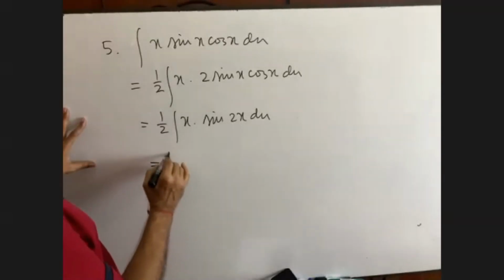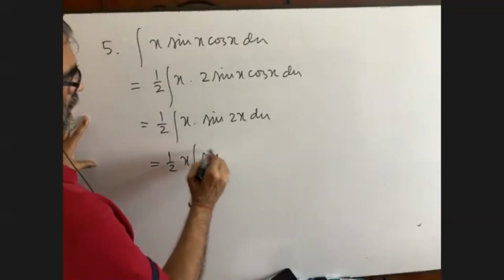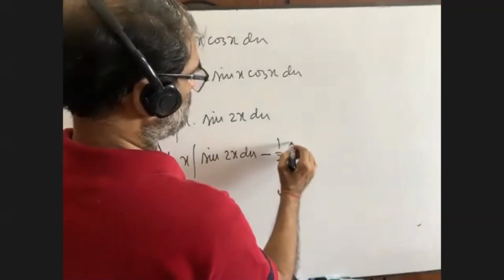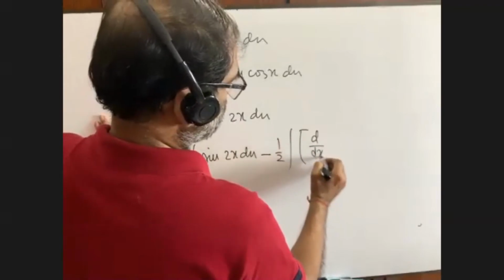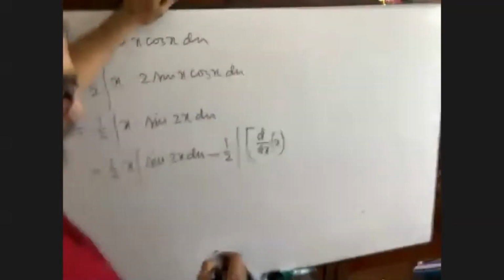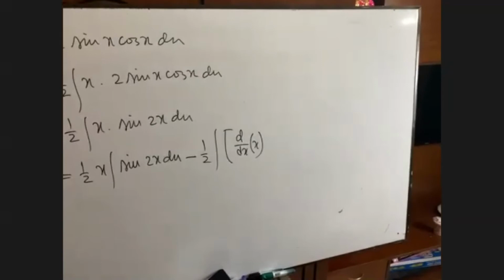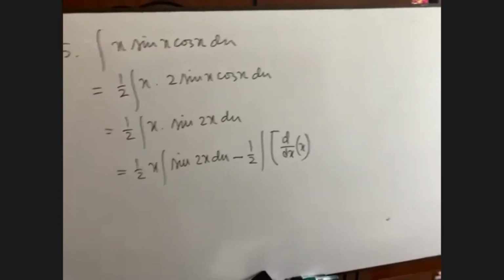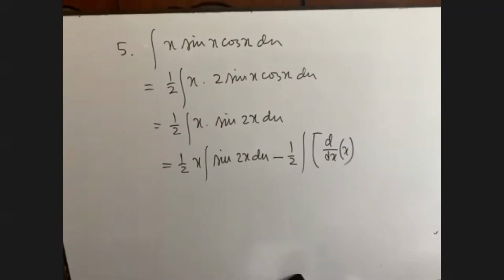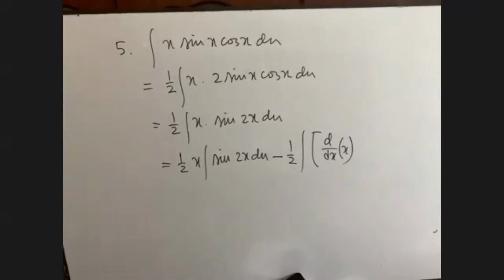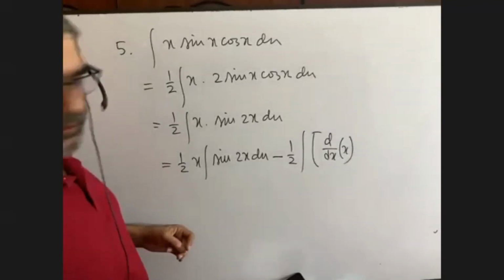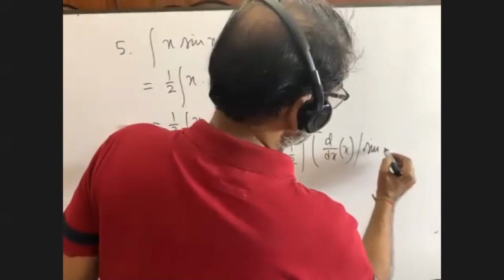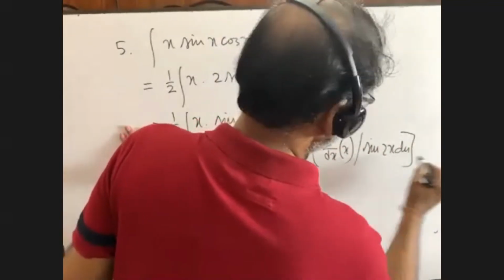Okay, it is half, it is x sin 2x dx. Okay, minus half integration sign, third bracket, d by dx of x, then integration of sin 2x dx, third bracket closed, then again dx.